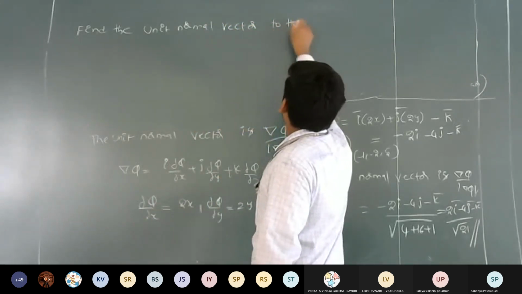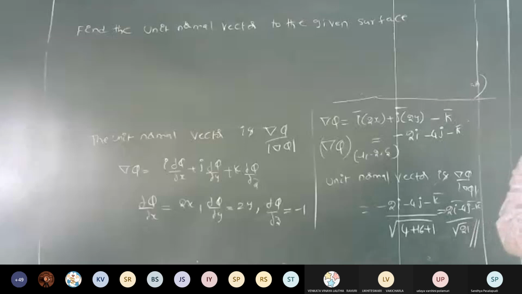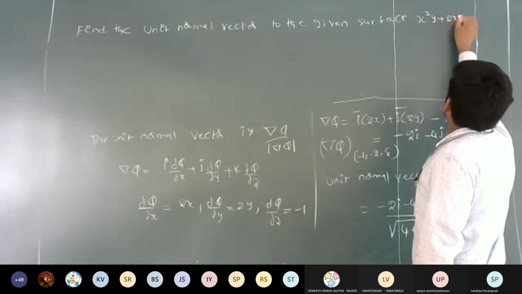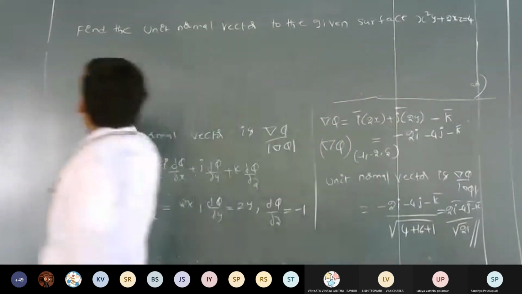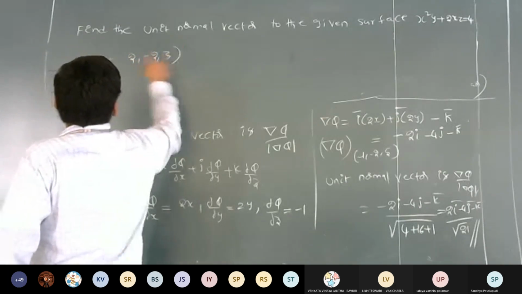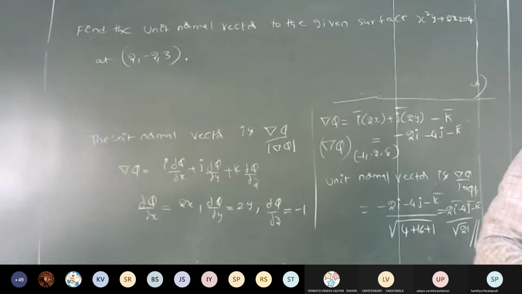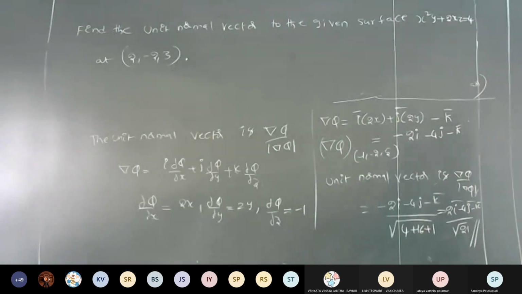Find the unit normal vector to the given surface x square y plus 2xz is equal to 4 at the point 2 comma minus 2 comma 3.